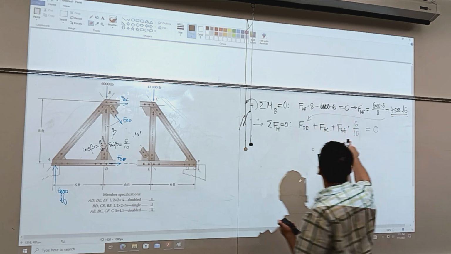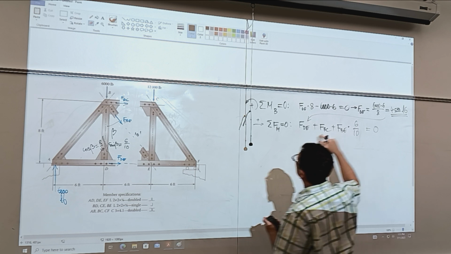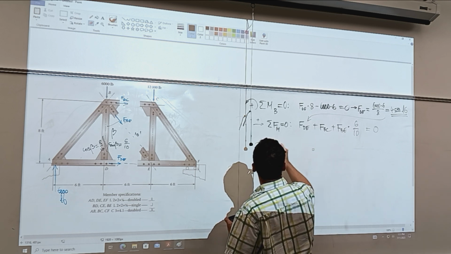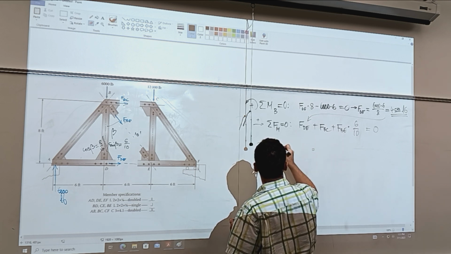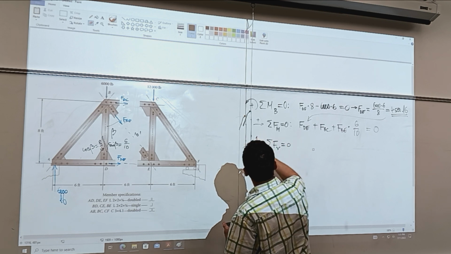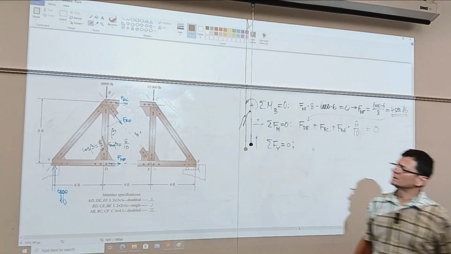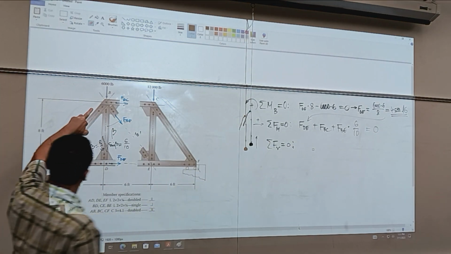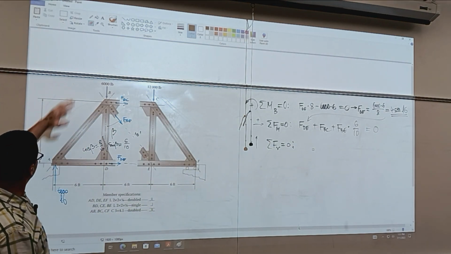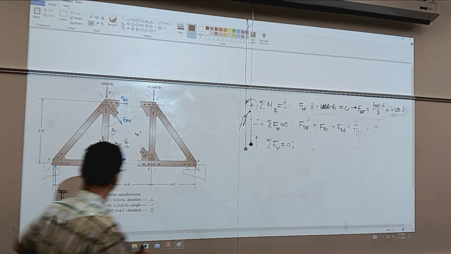It's premature to solve for any of the remaining unknowns, so you need to state the sum of forces equilibrium equation in the vertical direction, positive up. Okay, so what do we write here? We go from bottom up, so we have positive 6,000.